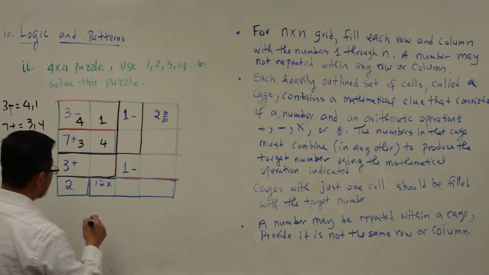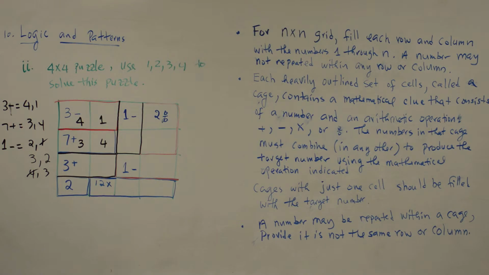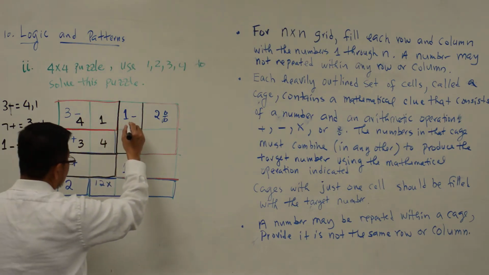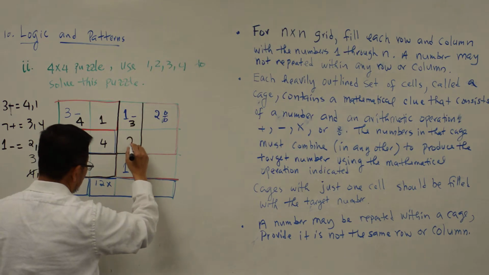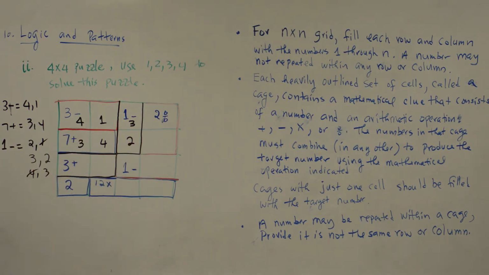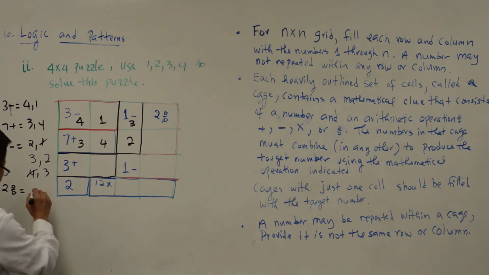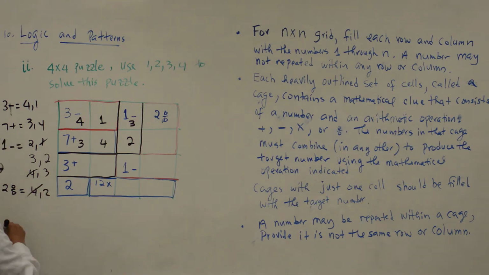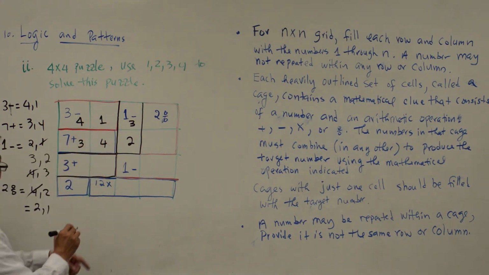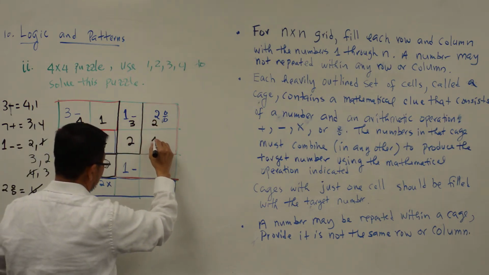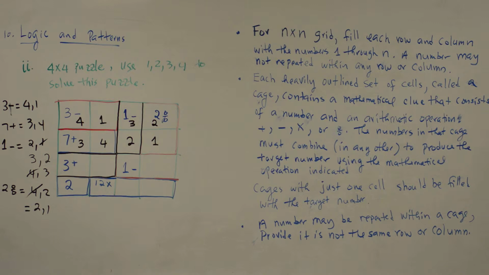So let's say we use 3 here and 2. Now for 2 divide. We cannot use 4 because 4 is eliminated. You can use 2 and 1. We cannot use 1 here because that must be 2 here now, and it becomes 1. Okay?